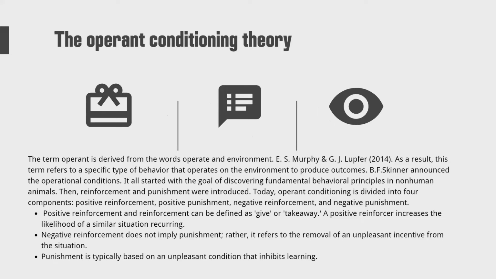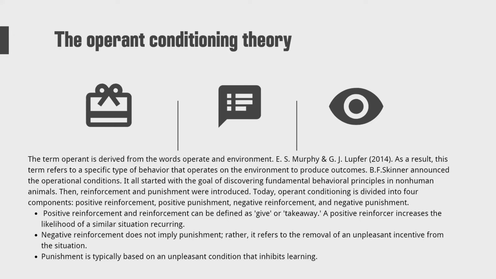Skinner announced it, and it started with discovering fundamental behaviors in non-human animals. A positive reinforcer increases the likelihood of a similar situation recurring. Negative reinforcement is the removal of an unpleasant stimulus from the situation. Therefore, punishment is typically based on an unpleasant condition that inhibits learning.